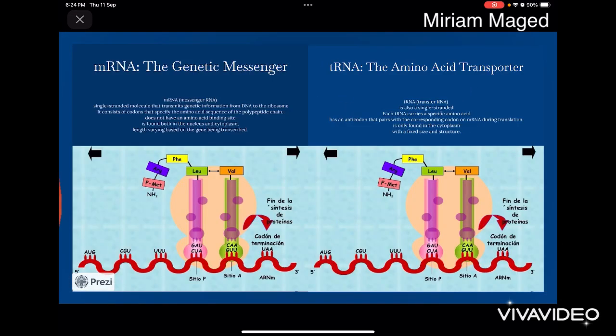Here is a comparison between mRNA and tRNA. Imagine that mRNA is a messenger that sends the design from the office, from the nucleus, or the genetic material, to the construction site, which is the ribosome, where the truck, which is the tRNA, will contain the small bricks, the basic components of your building.